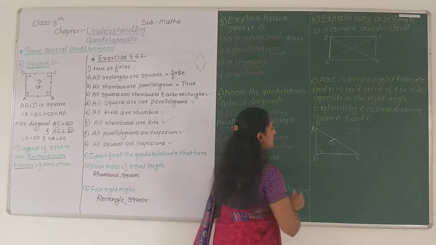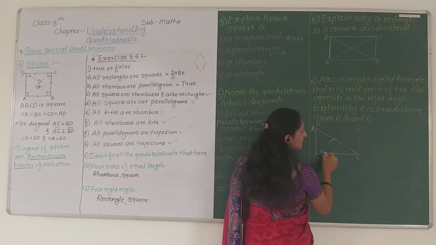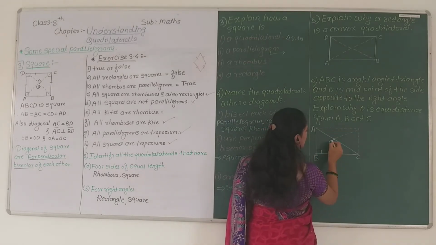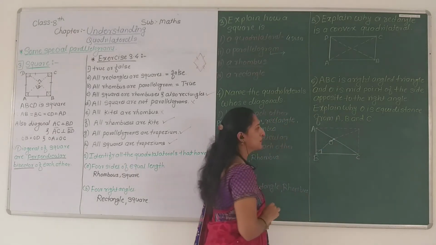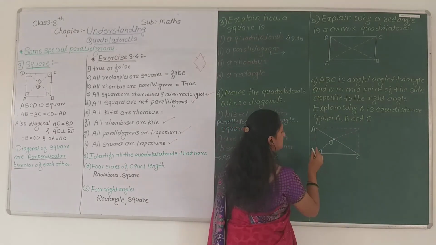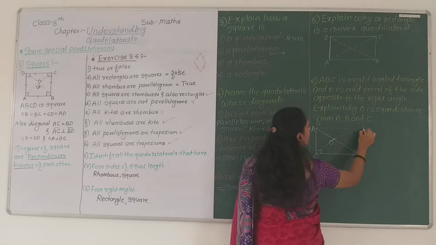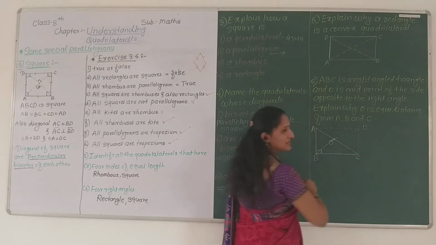Okay, so look at here. For our help, we complete this rectangle. I draw these dotted lines and these two diagonals. Now look at here. For this rectangle ABCD, this is a right angle triangle.